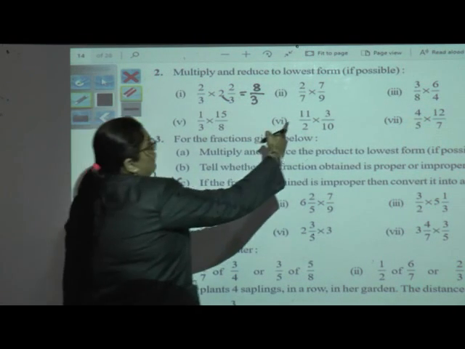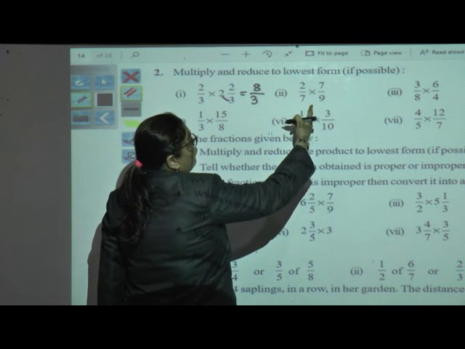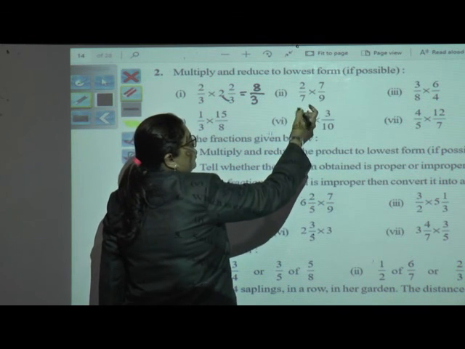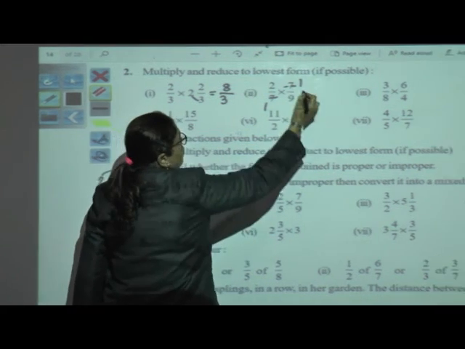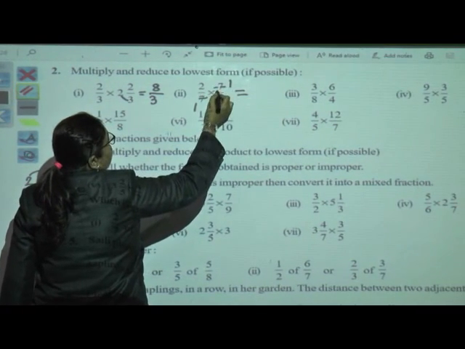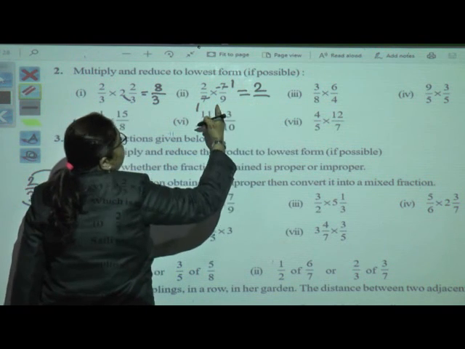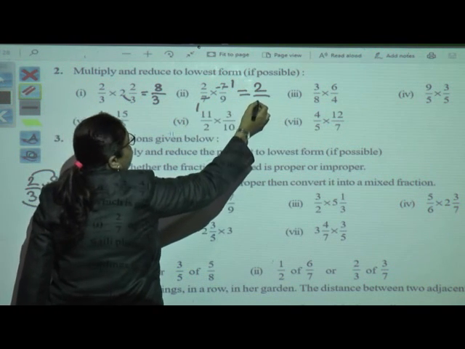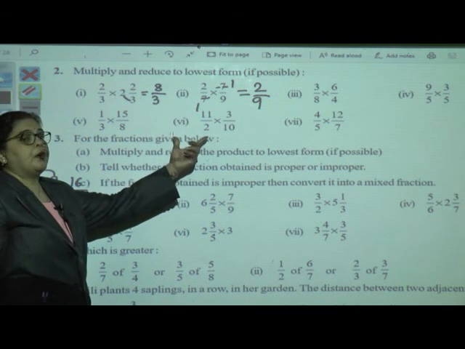Here we can reduce directly, if it is possible. If it is possible to reduce, we have to reduce. We can do 7 1s are 7, 1s are. So, what will be the answer here? 2 multiplied by 1 means 2 1s are 2 upon 9 multiplied by 1 means 9 1s are 9. Now, if it is possible to reduce, you can directly reduce.